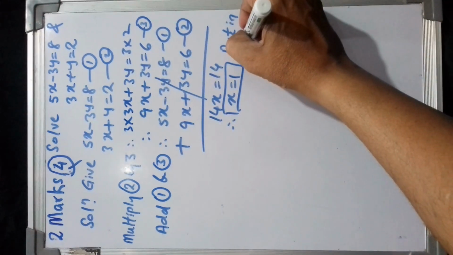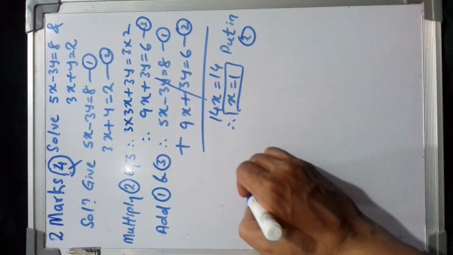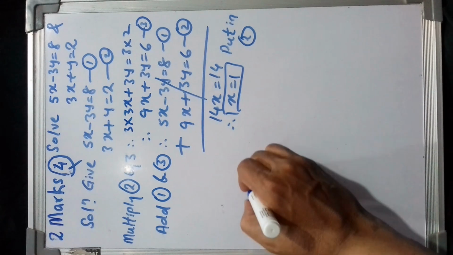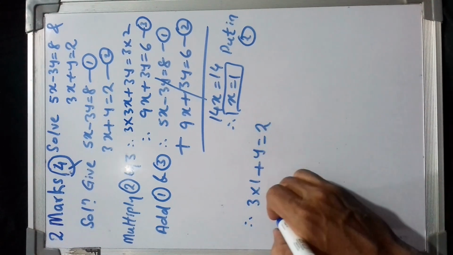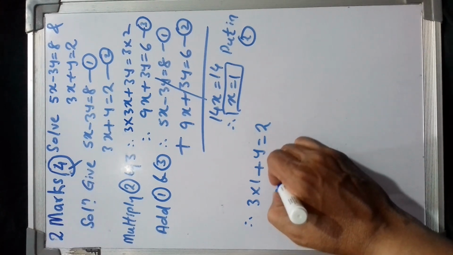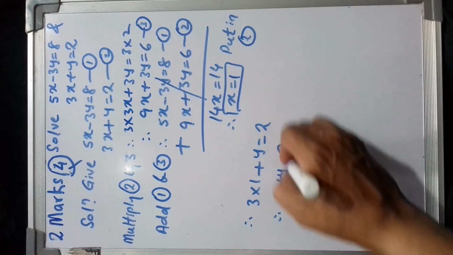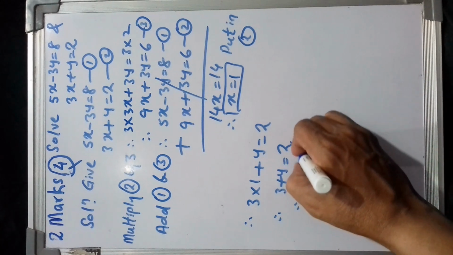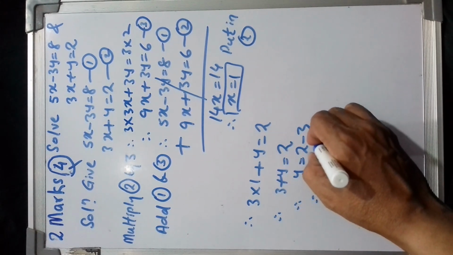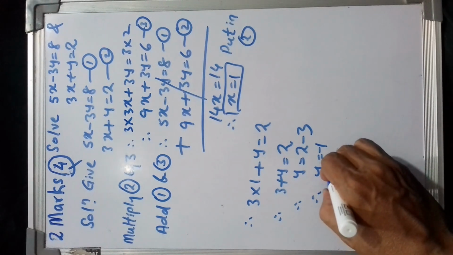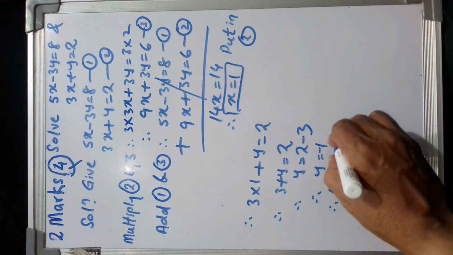We put this in equation number 2. So it is 3 into 1 plus y is equal to 2. That is 3 plus y is equal to 2. Therefore y is equal to 2 minus 3, so y is equal to minus 1. This way we got the values of x and y. So x comma y is 1 comma minus 1.